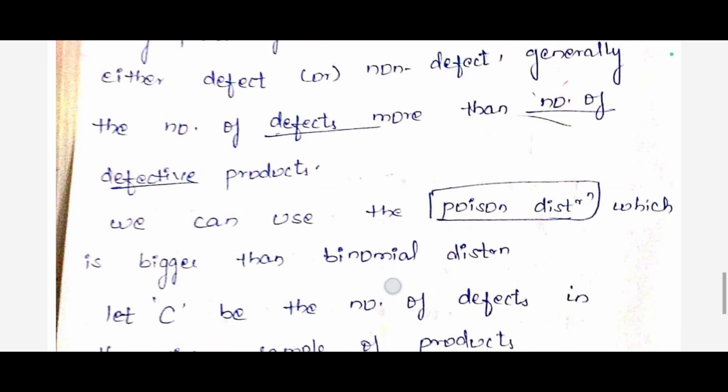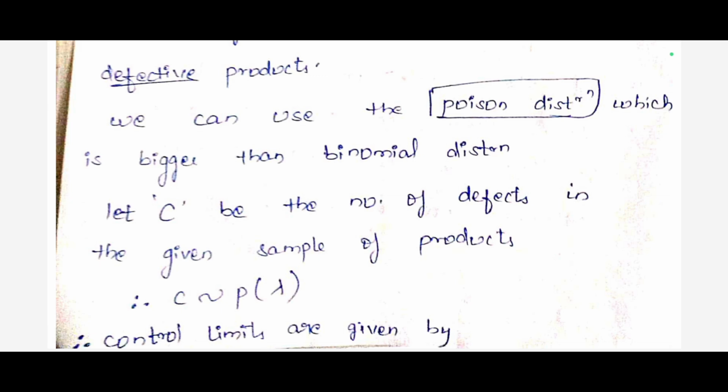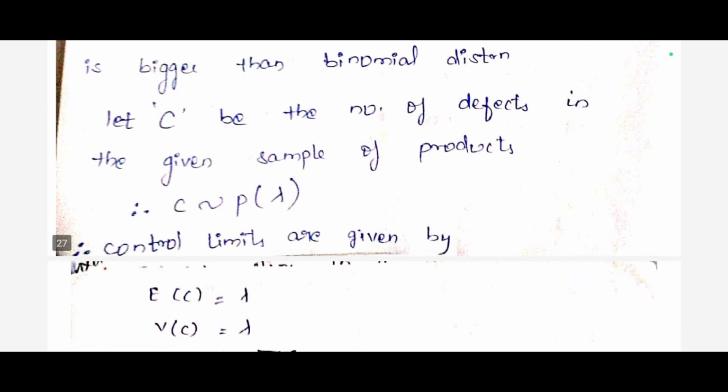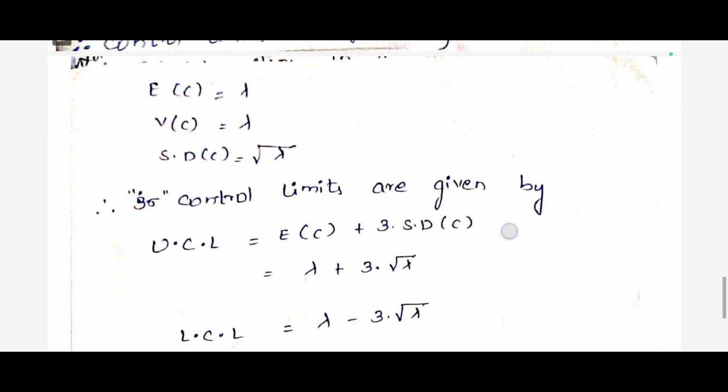So we can use the Poisson distribution, which is better than the binomial. Let C be the number of defects in the given sample of the products. So C follows the Poisson distribution with parameter lambda. Therefore the expected value of C is equal to lambda, the variance of C is also lambda, and the standard deviation of C is equal to under root of lambda.